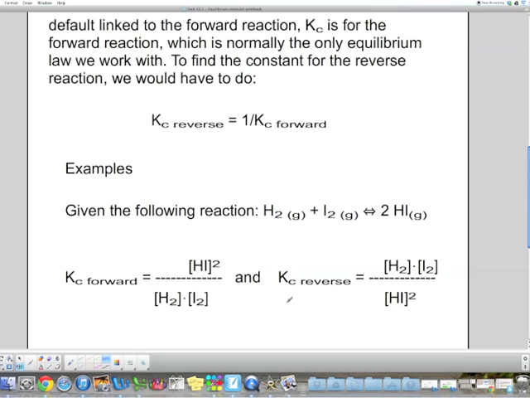Again, the faster way of doing this is calculating the Kc for the forward reaction and doing 1 over the value to get the Kc of the reverse reaction. And again, Kc means constant of equilibrium. The c is just a default letter. It doesn't really mean anything.